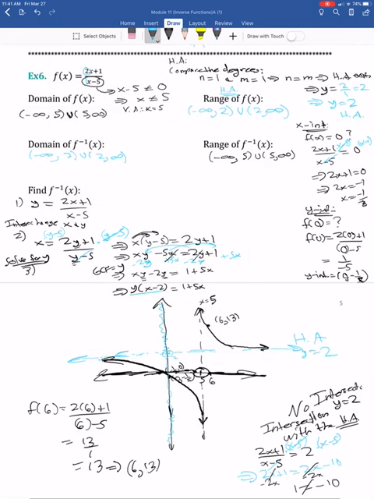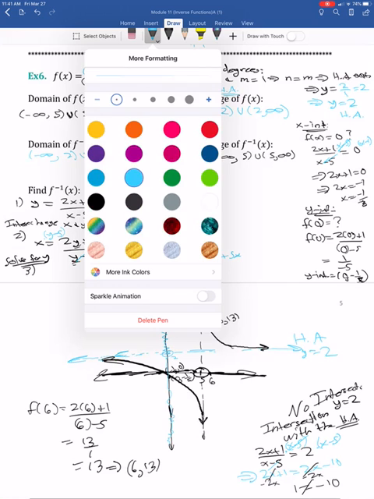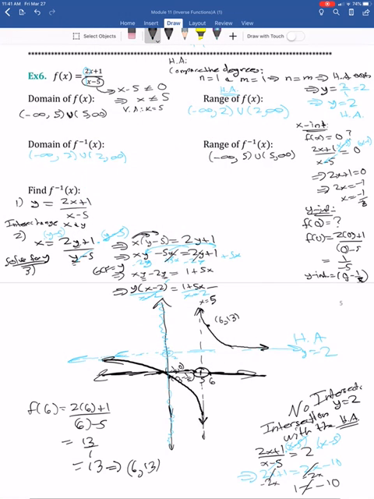We've got to solve for y, so we divide out x minus 2 on both sides. Now we get what we're looking for: y equal to (1 plus 5x) over (x minus 2). So here's our inverse function. f inverse of x is a rational function, (1 plus 5x) over (x minus 2).